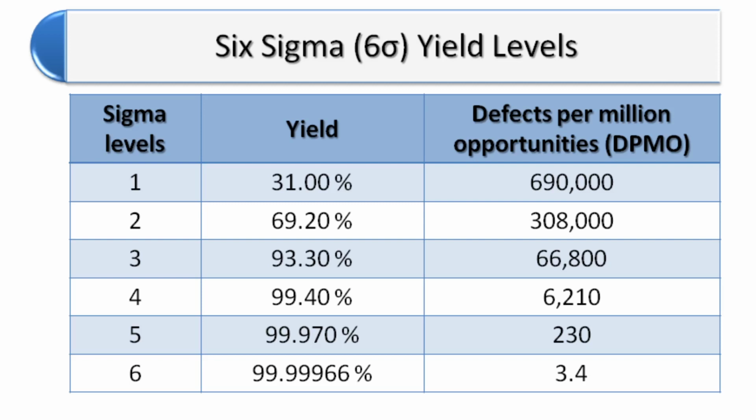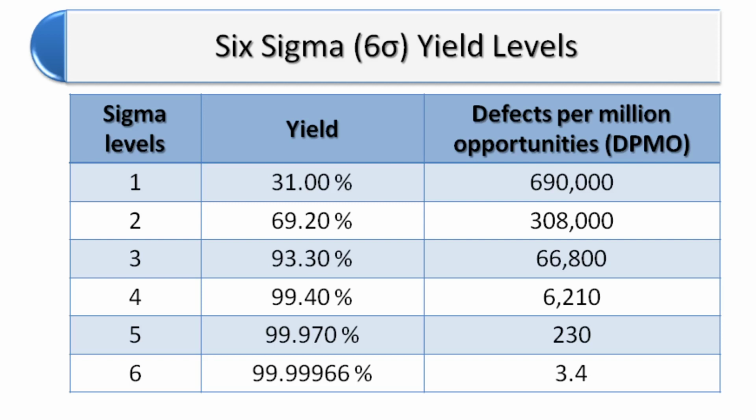You will get 93.3% products that are defect free, and that is 66,800 products with defects. Sigma level 4: 99.40% products are defect free. That means 6,210 products are having defects out of 1 million.